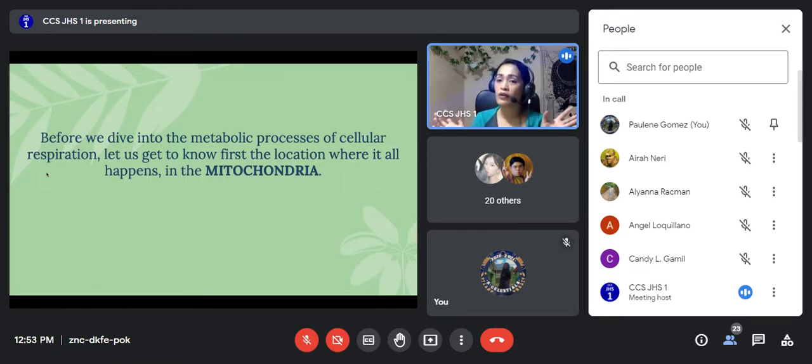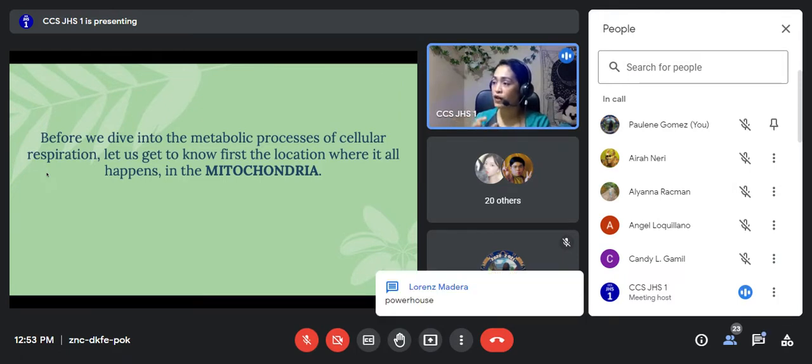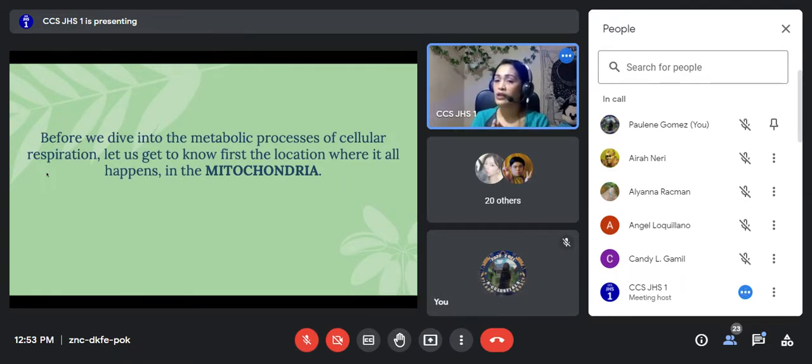Among all other organelles, it's the easiest to remember. Do you still remember the tagline or the function? Okay, very good, Lawrence. Yes, it's the powerhouse of the cell. It's the organelle that is responsible for the generation or production of power, or in this case, energy.